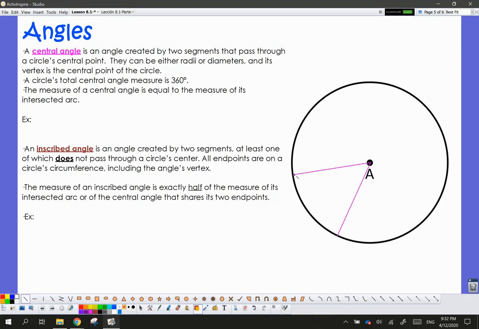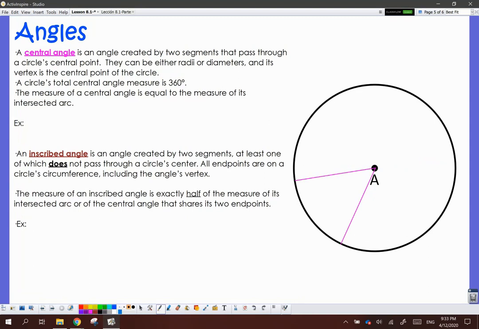I could also have a diameter instead of a radius, and I would still have a central angle there. So this central angle, let's call these points B and C here. This angle, which goes through the center, we can call that angle BAC.